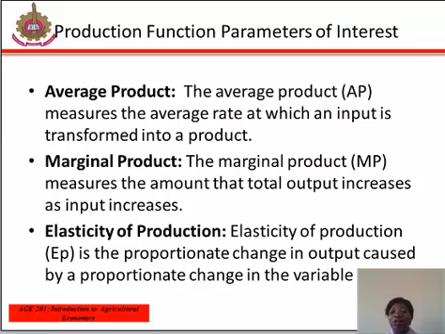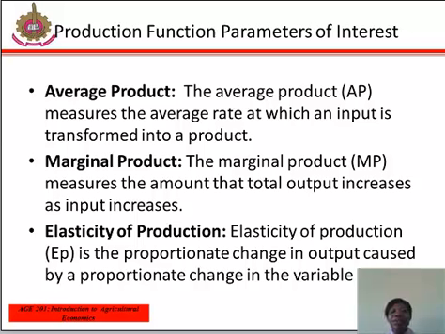Constant marginal returns, CMR, states that each additional unit in input results in a constant rate of increase in output, so the change in output is constant throughout.